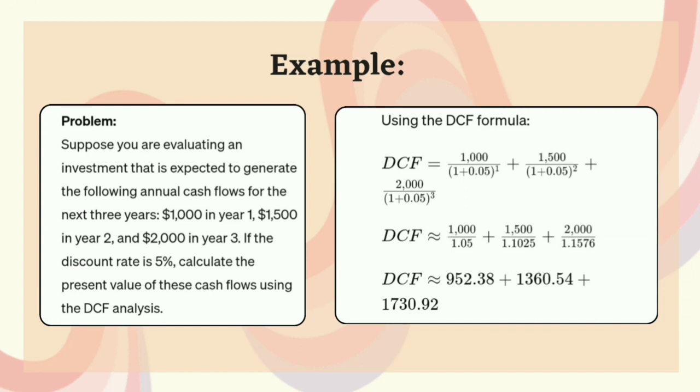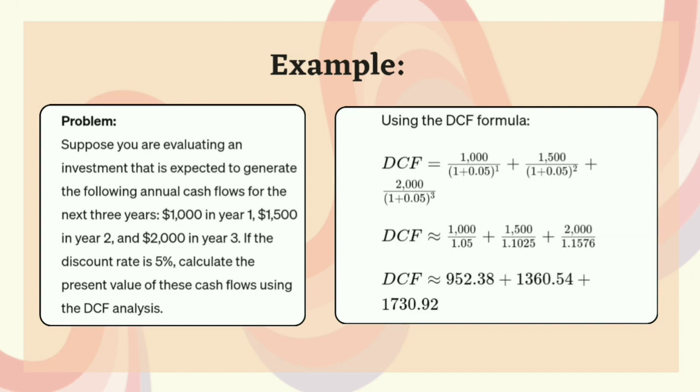And the given for CF sub 1 is $1,000 since it is in year 1. And for our CF sub 2 is $1,500 since it is in year 2. And for year 3 or CF sub 3 is $2,000. And our discount rate is 5% or 0.05.